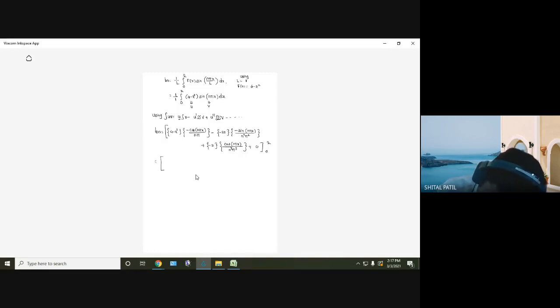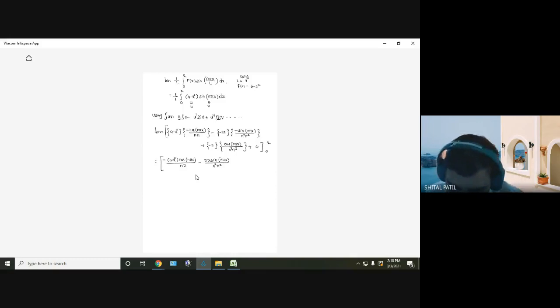So simplify: minus of 4 minus x square cos of n pi x divided by n pi, minus 3 times, so minus sine of n pi x divided by n square pi square. Next minus 2 cos of n pi x divided by n cube pi cube, x equal to 0 to 2.